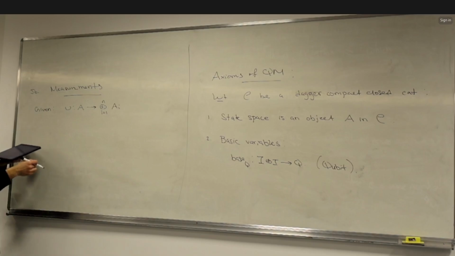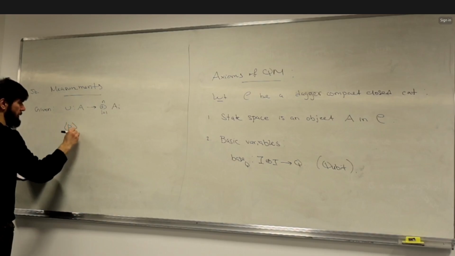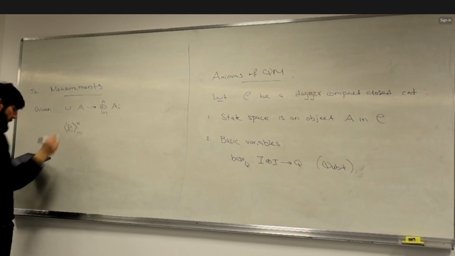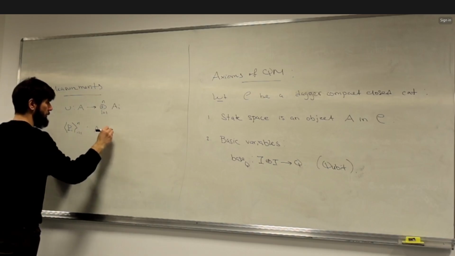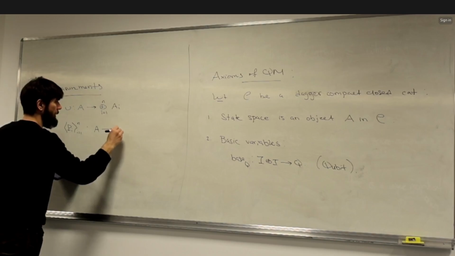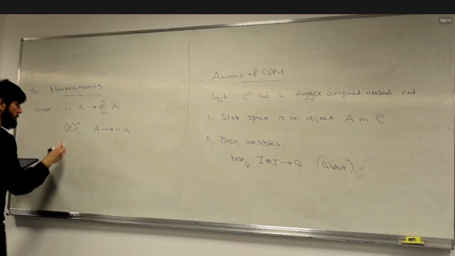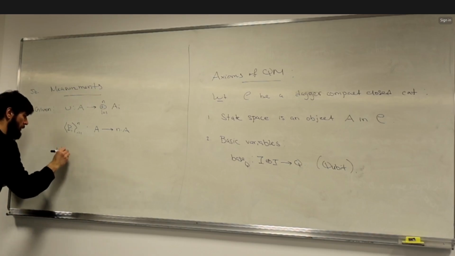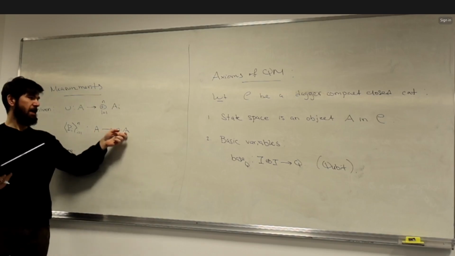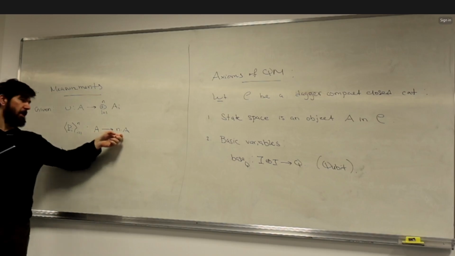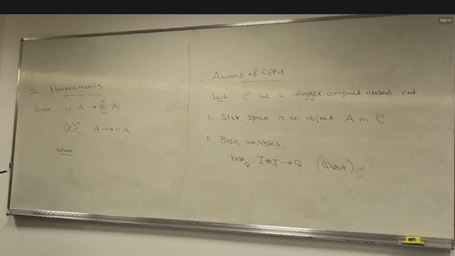Let's define the following: pi i, i equals 1 to n, as a map from A to n dot A, where each of these n dot A's is a copy of A, and these are going to be the different observational branches.